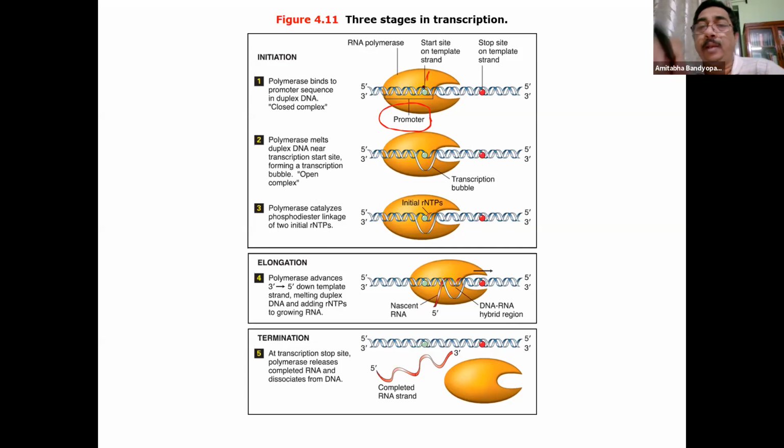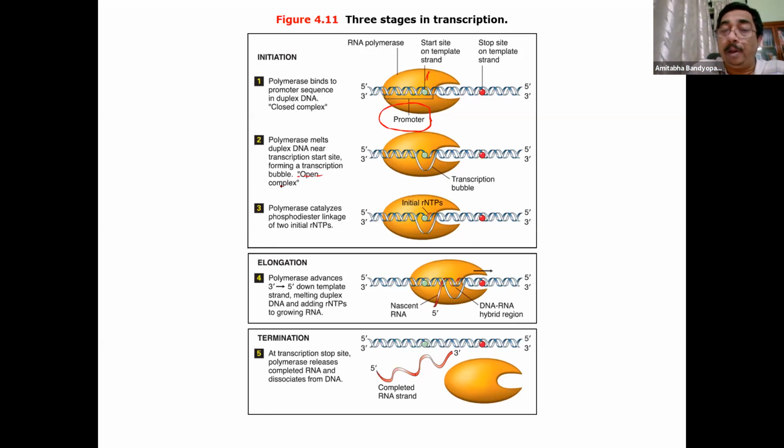And after recruitment, at the time of recruitment, the DNA is still double helix in there, and it is called a closed complex. The moment the RNA polymerase starts to move, a lot of ATP is required for it to move and also to melt the DNA. So the DNA is now melted and the strands are separated.